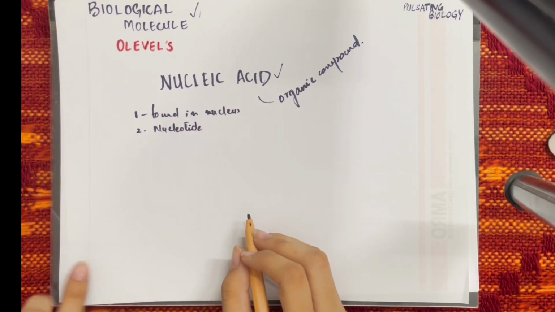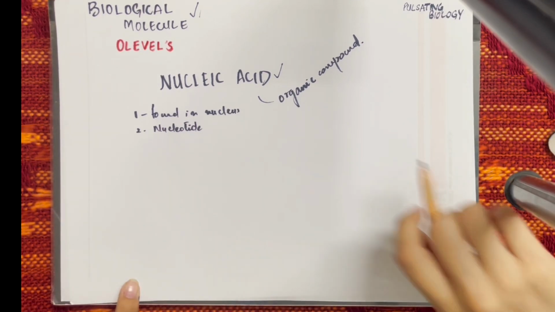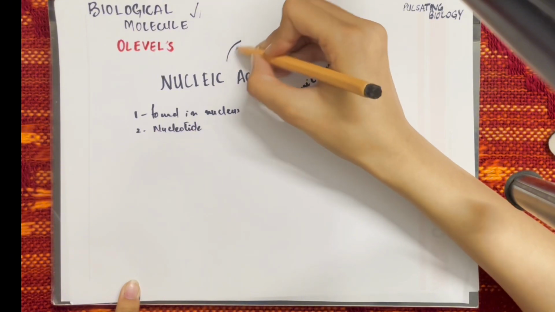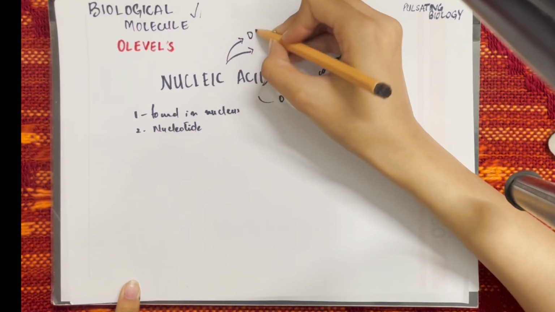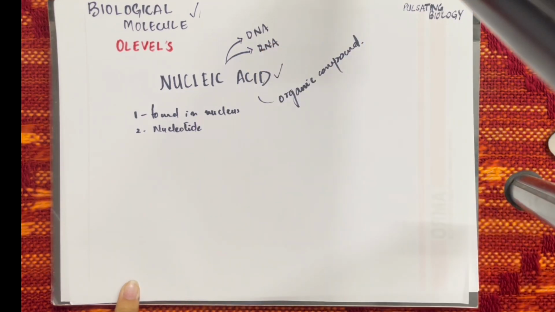The nucleic acid is made up of nucleotides, and by this we mean that nucleic acid has two major structures, that is the DNA and the RNA. Let's talk about the DNA and RNA in detail.